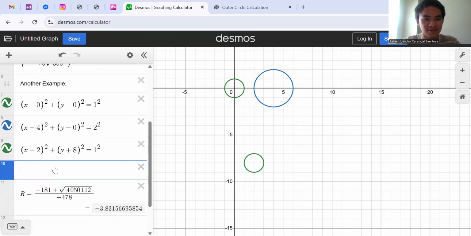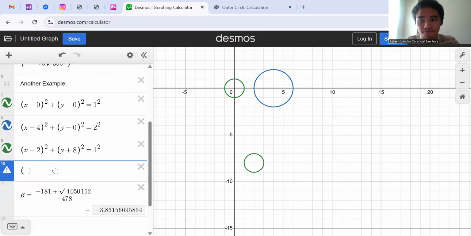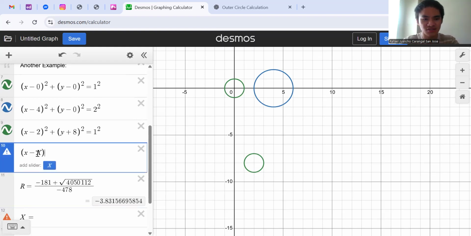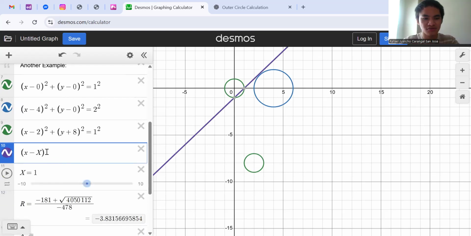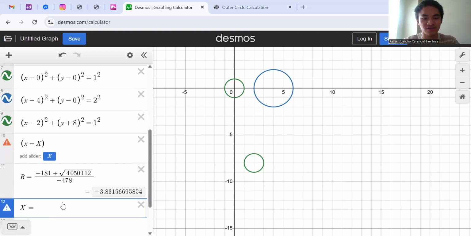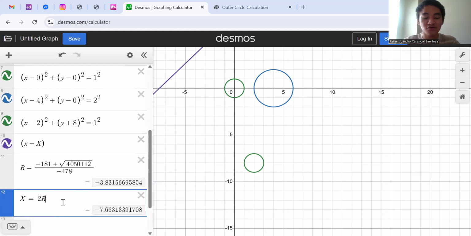And now I put my thing here. So now I have minus. And I have a function. So, oh crap. How do I? Oh, let me do this. X. Can I do that? So here is gonna be my X. Can we add this? Oh, we can do that. Add like a slider. No, this is gonna be like some function of R, right? 2R. Oh, you can do that. Okay, I'm learning. What was that?